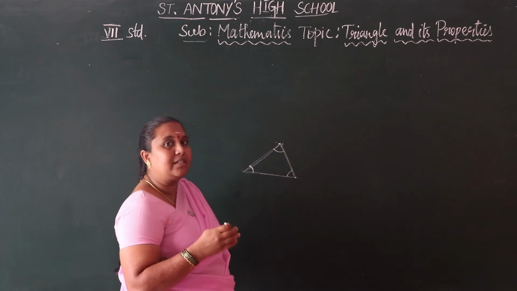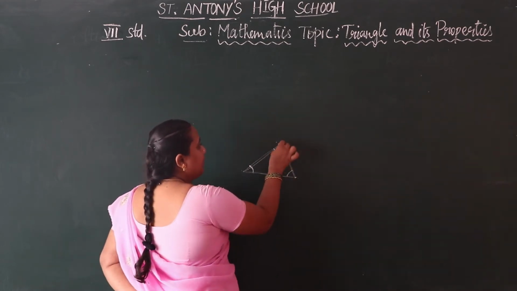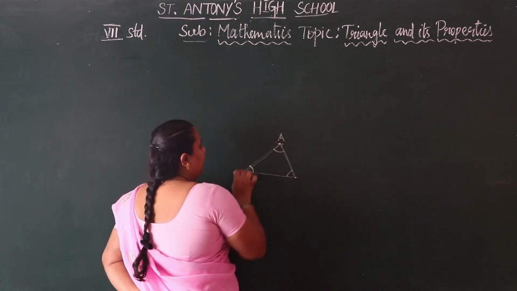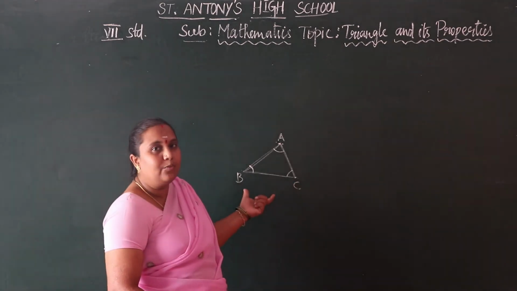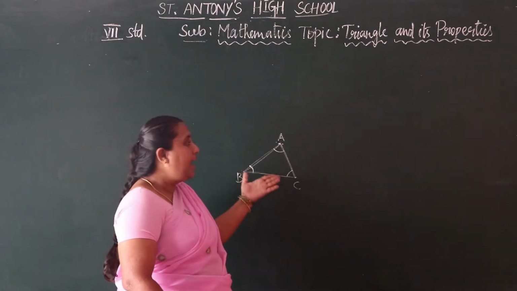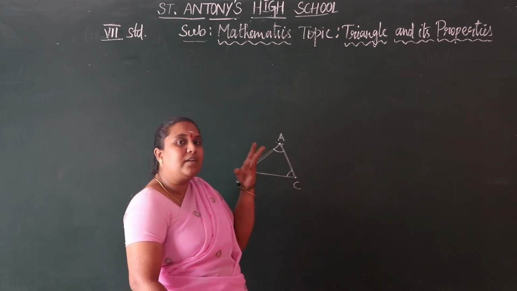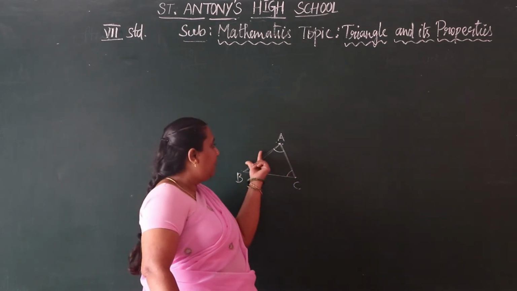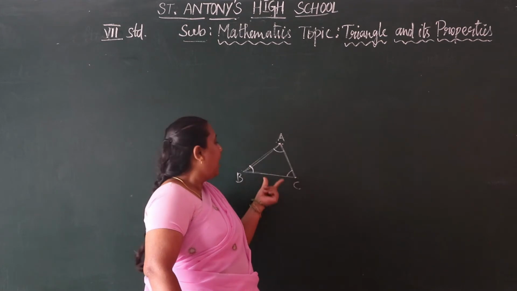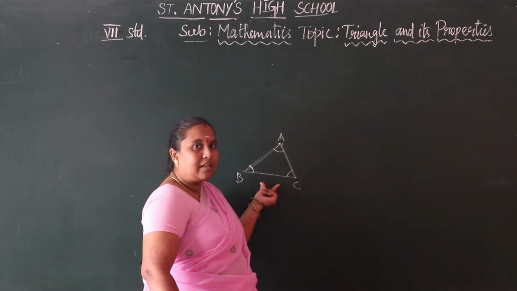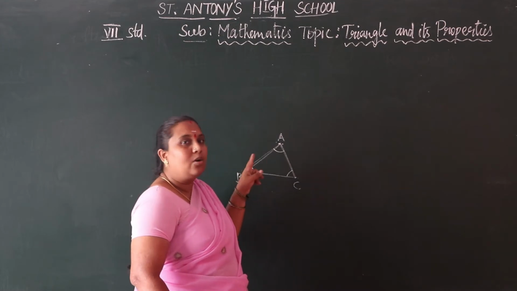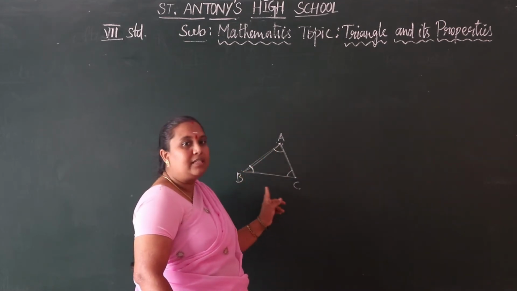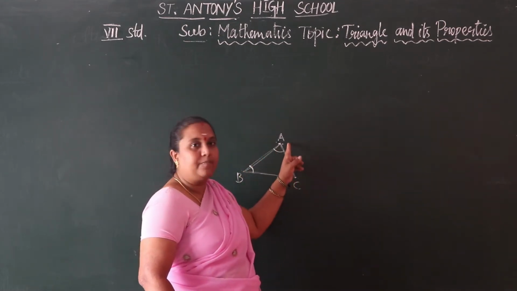We can name them as vertices: A, B, and C. We have three vertices and three sides. What are those three sides? AB is one side, BC is the other side, and CA is the third side.